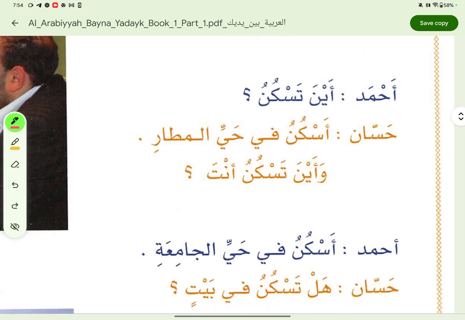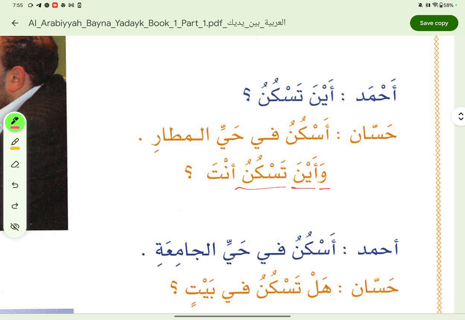وَأَيْنَ تَسْكُنُ أَنْتَ, and where do you live? We know the letter wa means and. Aina means where. Teskunu means you reside. And anta, we don't need to say anta, because it's extra words. Aina teskunu. If I say wa aina teskunu, this is a complete sentence in and of itself.